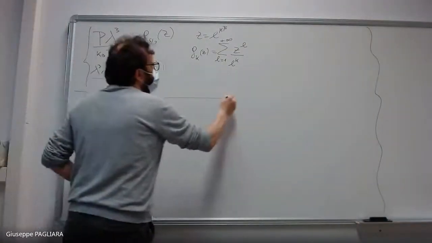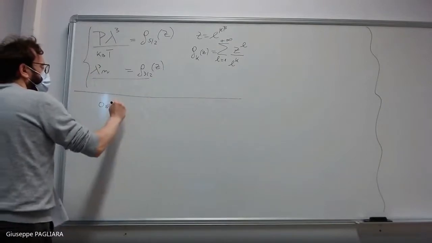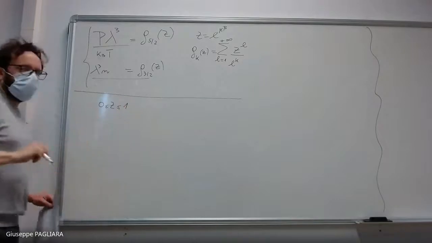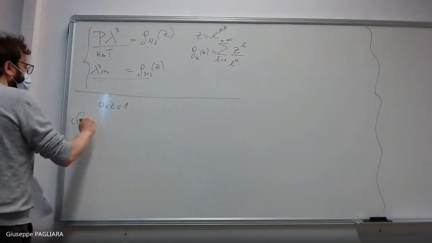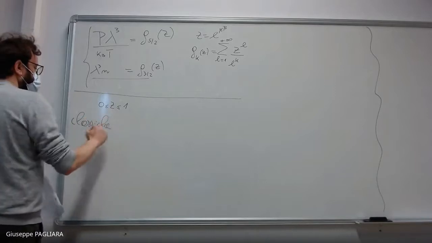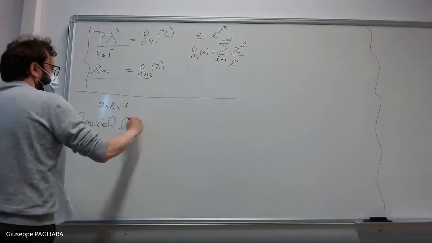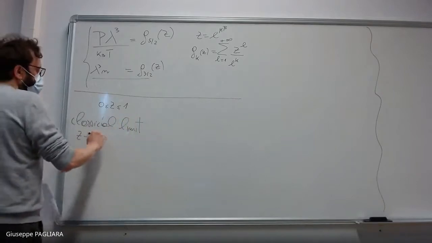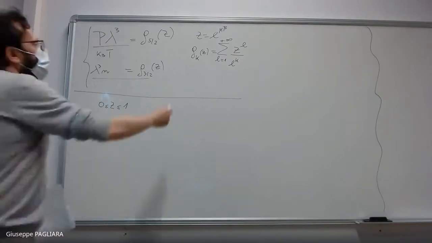First of all, z is a number between 0 and 1 for bosons, and the classical limit is the one that I get when z is small, close to 0. In the classical limit, for instance, I can keep the first order in this function.